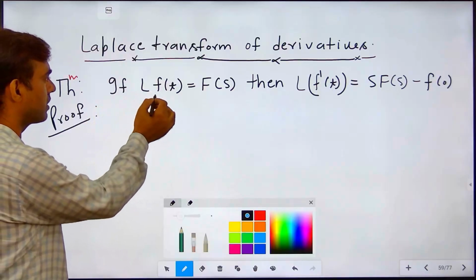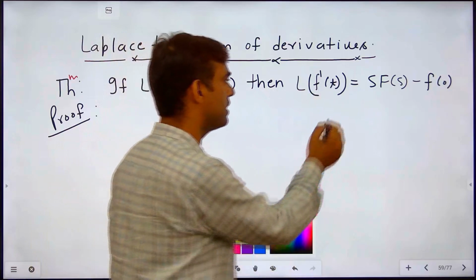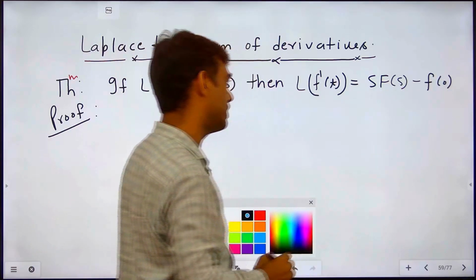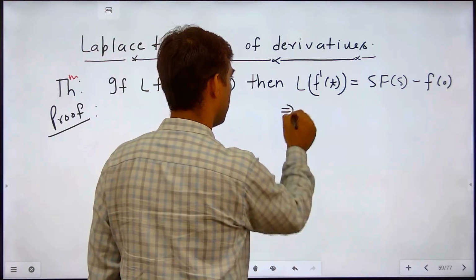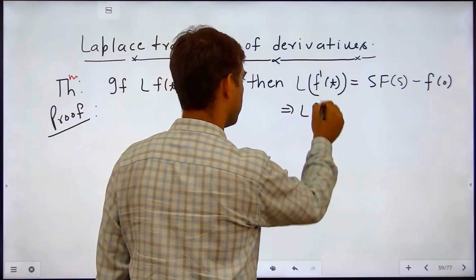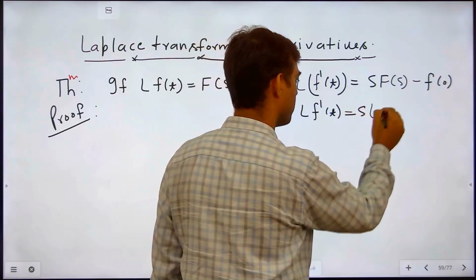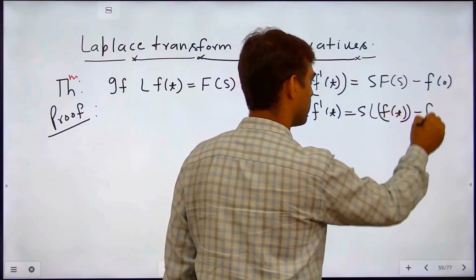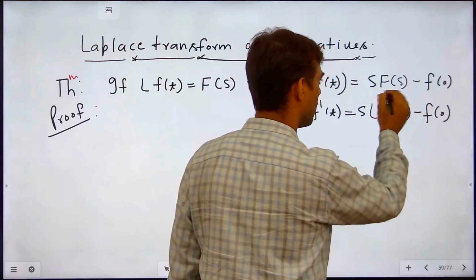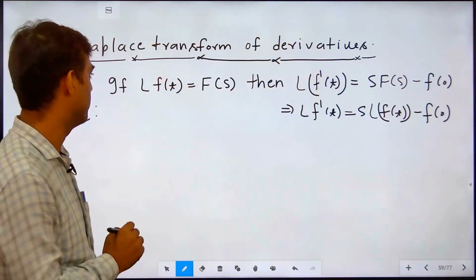If Laplace transform of f(t) equals F(s), then Laplace transform of f'(t) equals sF(s) minus f(0). We may also write this as Laplace transform of f'(t) equals s times Laplace transform of f(t) minus f(0), because F(s) is the Laplace transform of f(t).